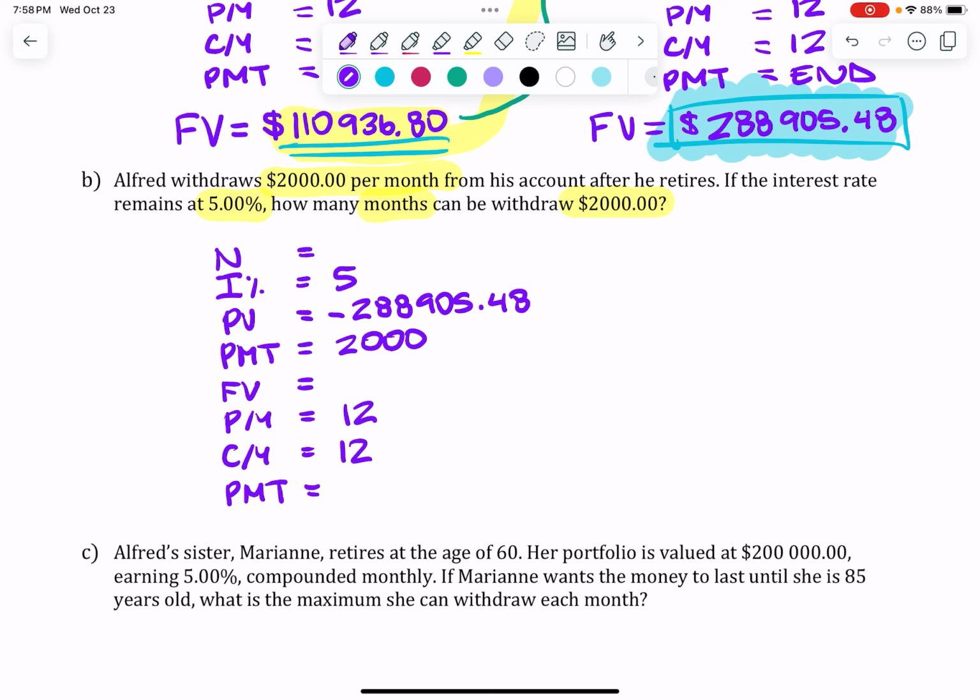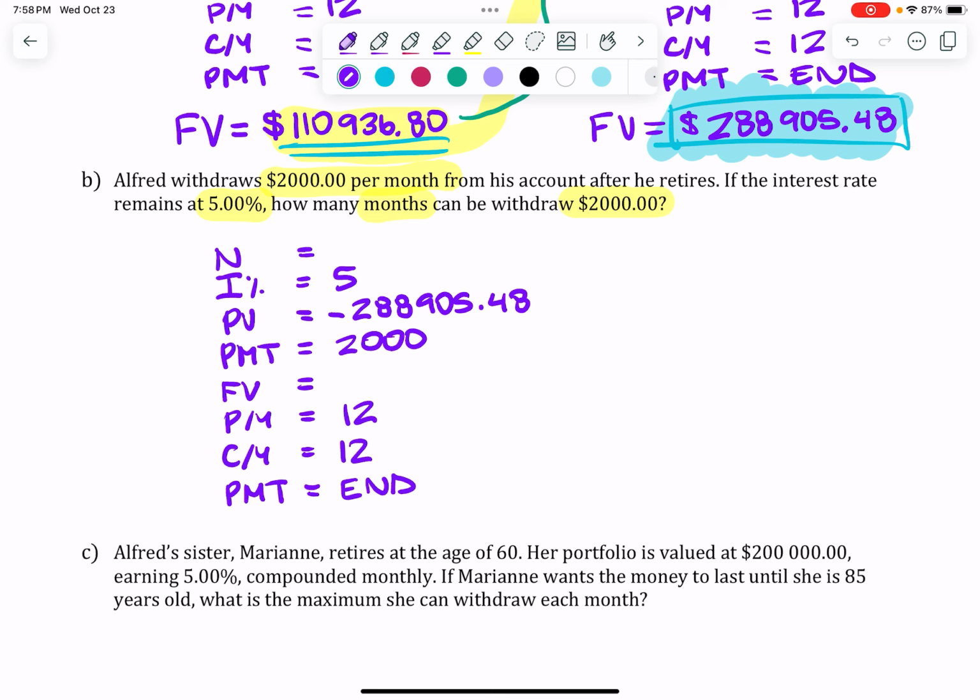It does not say when that is happening, the beginning or the end, so we assume it is the end unless stated otherwise. Now, I am looking for how many months, and I don't have my N filled in, and I don't have FV filled in.